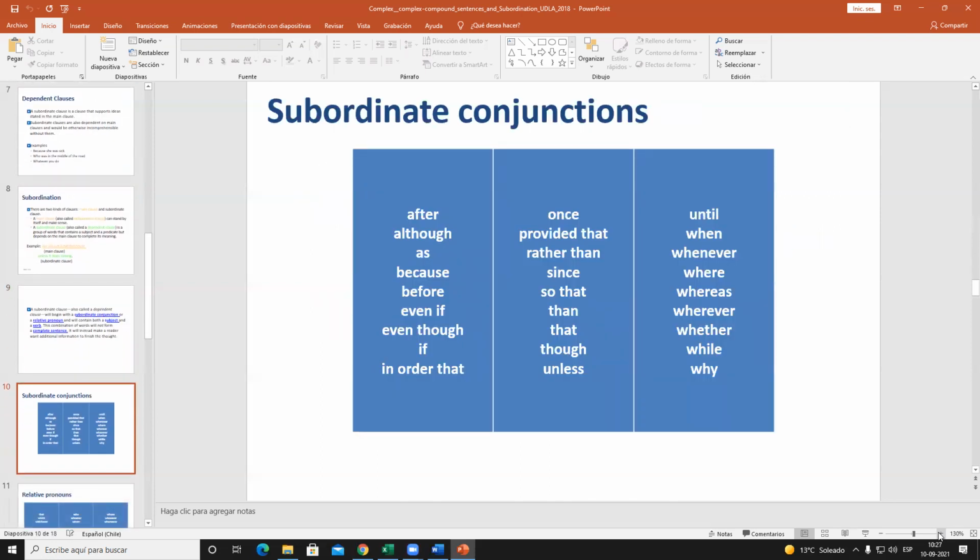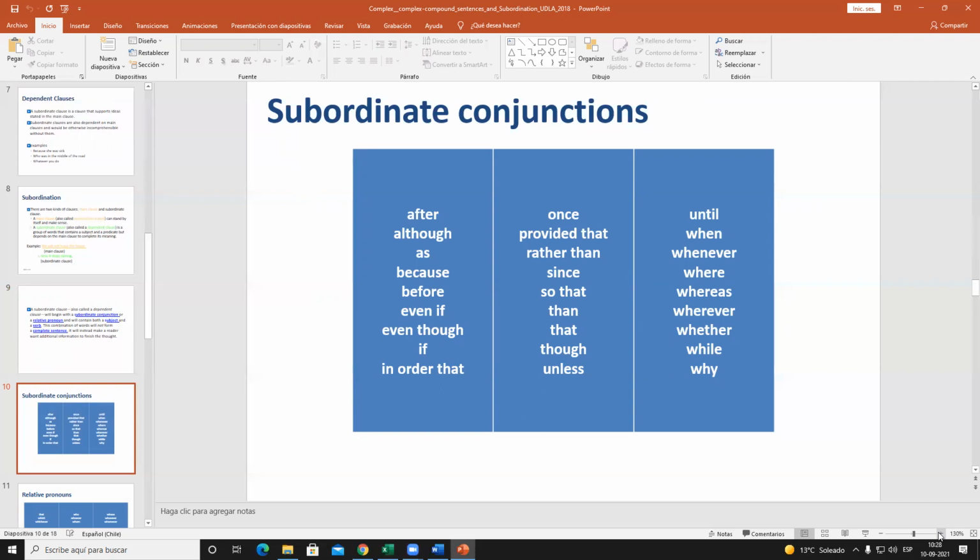So here you have a list of subordinating conjunctions. That is to say, these are the words which are going to be at the very beginning of a dependent clause, a subordinate clause. It is interesting that there are some multi-word units, for example, even if, even though, in order that, provided that, rather than, so that.